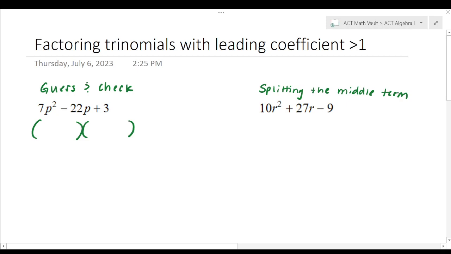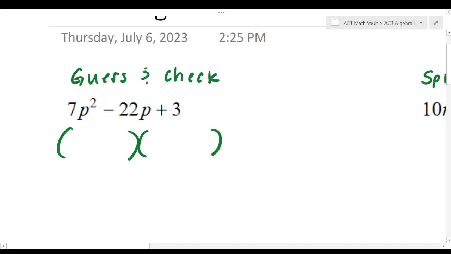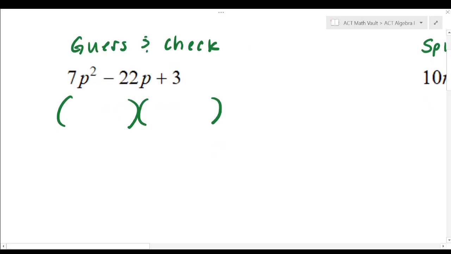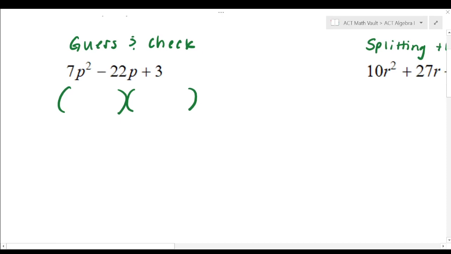Okay. First one, I really like guess and check because there aren't that many options to have to check. So what I am forced to think about first, though, is what times what is going to end up multiplying to 7p squared.